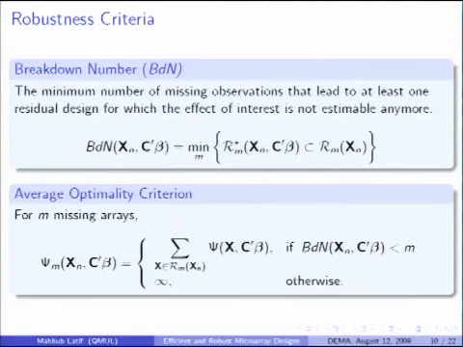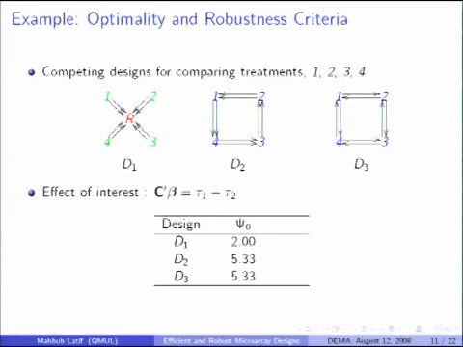So how to use these two criteria in selecting a good design? Here I have 3 competing designs for comparing 4 treatments, 1, 2, 3, and 4. I denoted them by D1, D2, and D3.